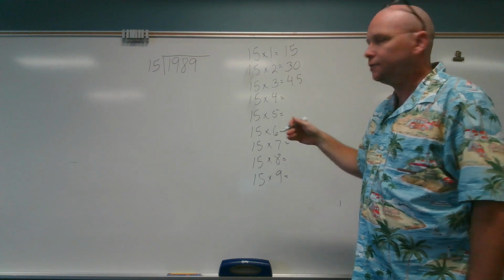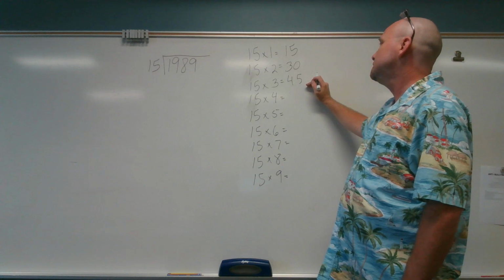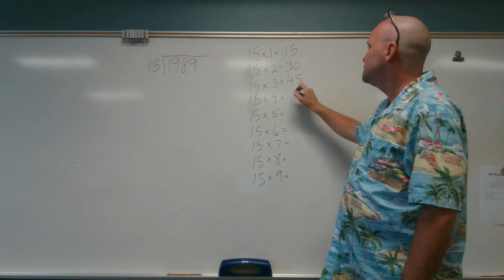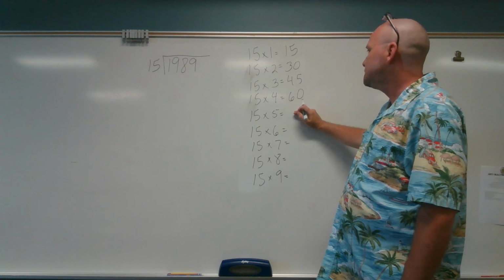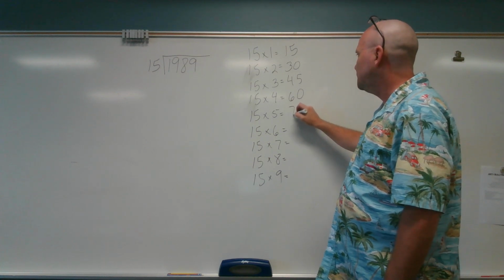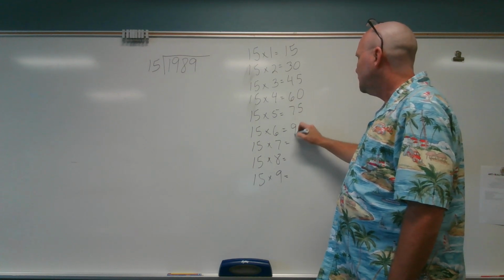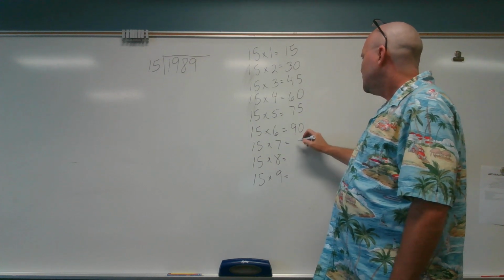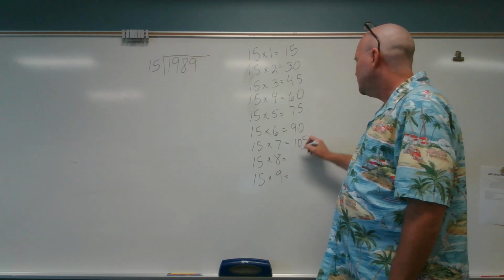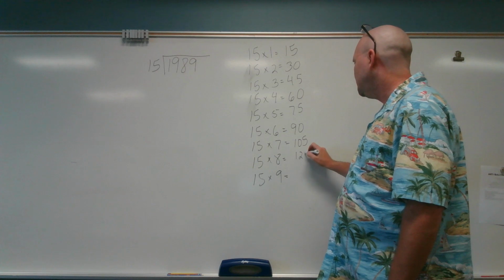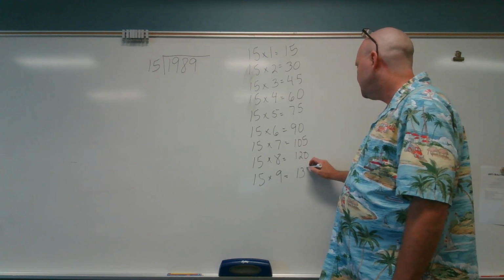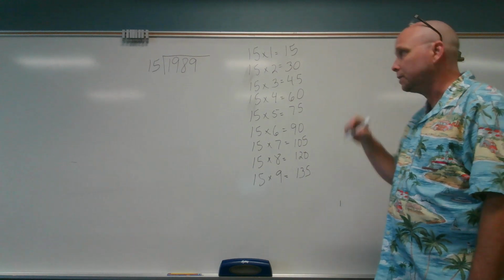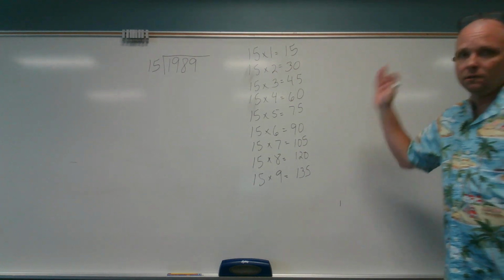Makes it a lot easier to do in your head. 45 plus 10 is 55, plus 5 more is 60. 60 plus 10 is 70, 5 more is 75. Then 90, 105, 120, and 135. Is that what you have? Yes. Okay, good. The multiples.